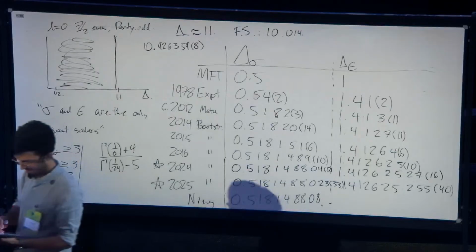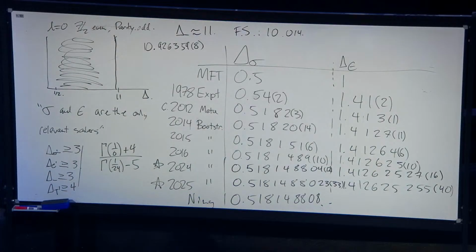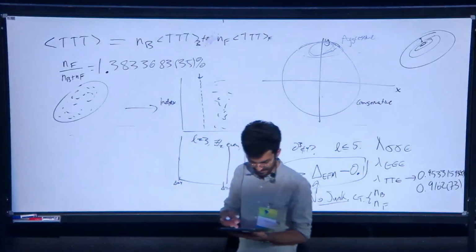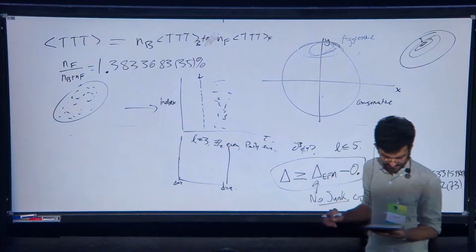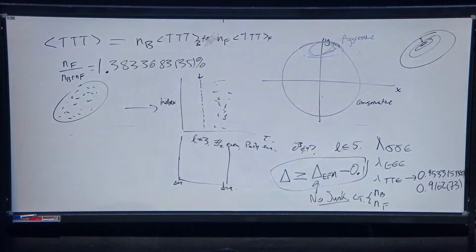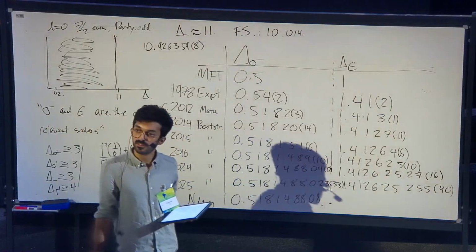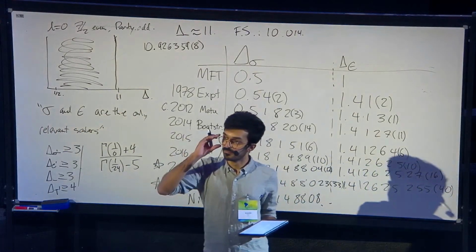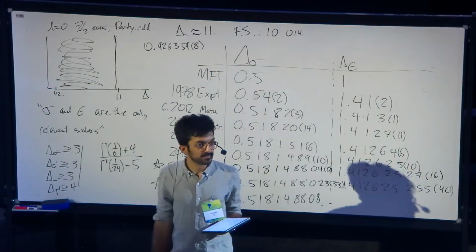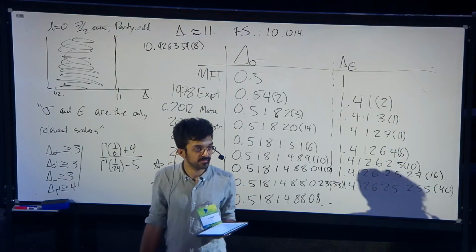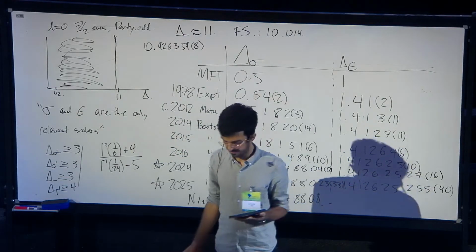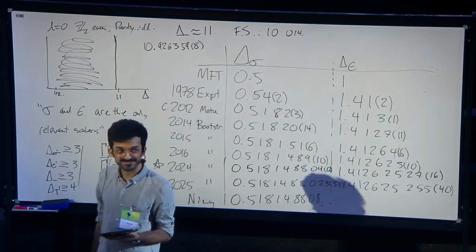Is that not a reason to actually do it? It's kind of interesting because you would exclude the island if you include Johan's spin. Sorry, can you repeat? This also gives you the opportunity to test Johan's statement whether an extra operator has to be included. Well, you're saying that if we were to impose a gap in the spin 6 sector and then the island would disappear, then we would say there is actually an operator there.